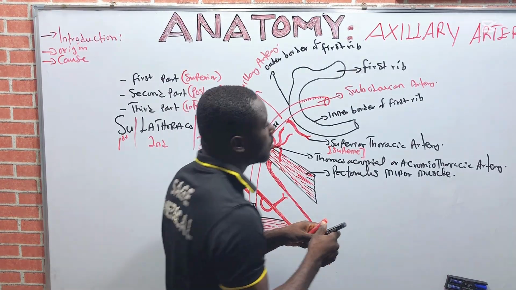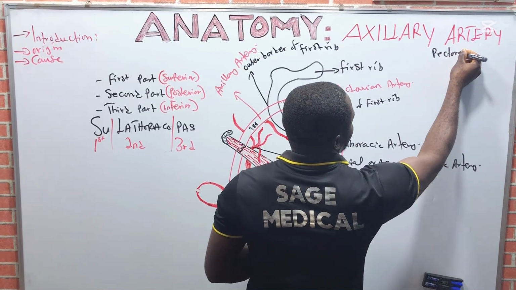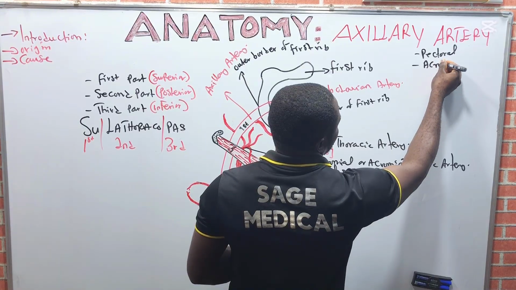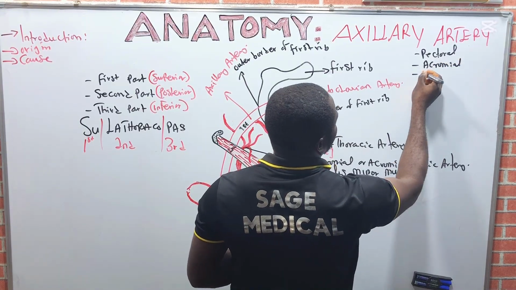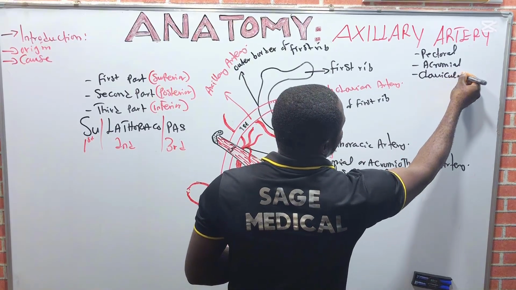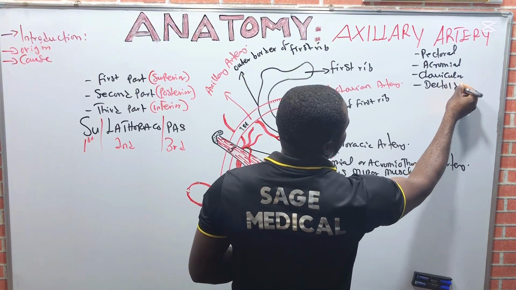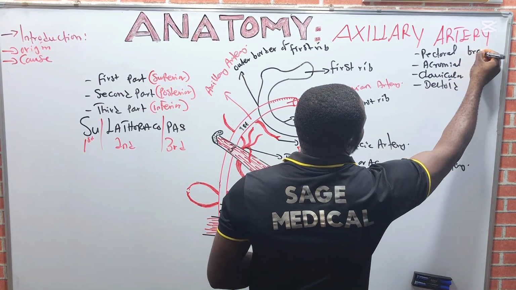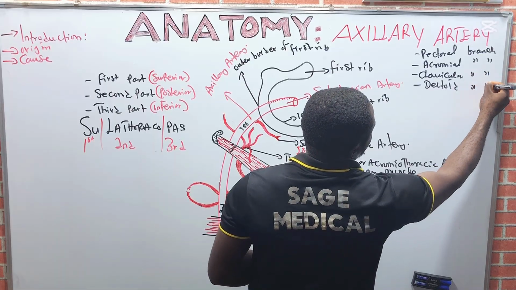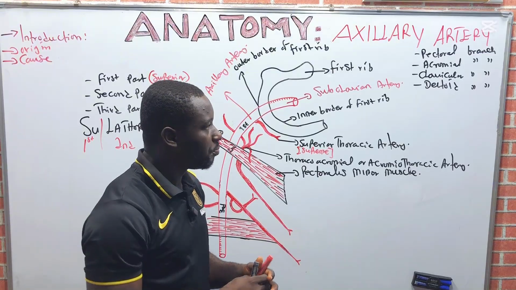Those branches include the pectoral branch, the acromial branch, the clavicular branch, and the deltoid branch. These are the branches of the thoracoacromial artery or the acromiothoracic artery.